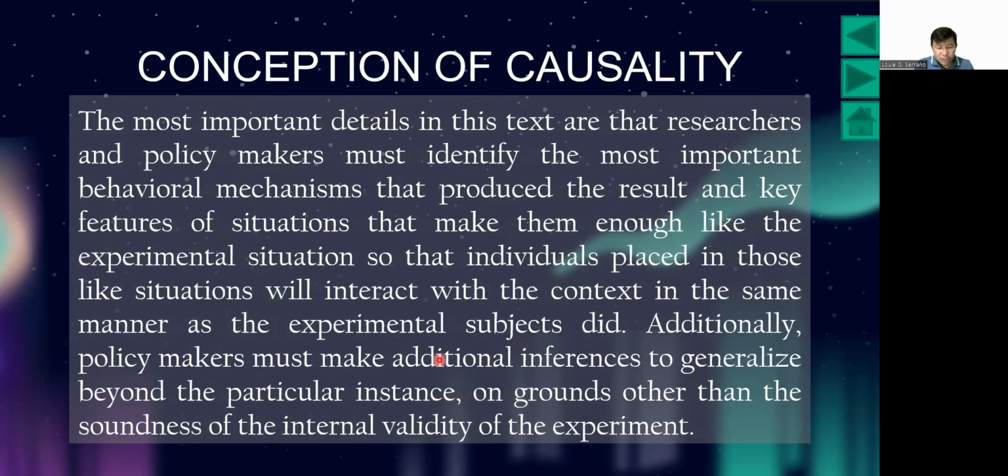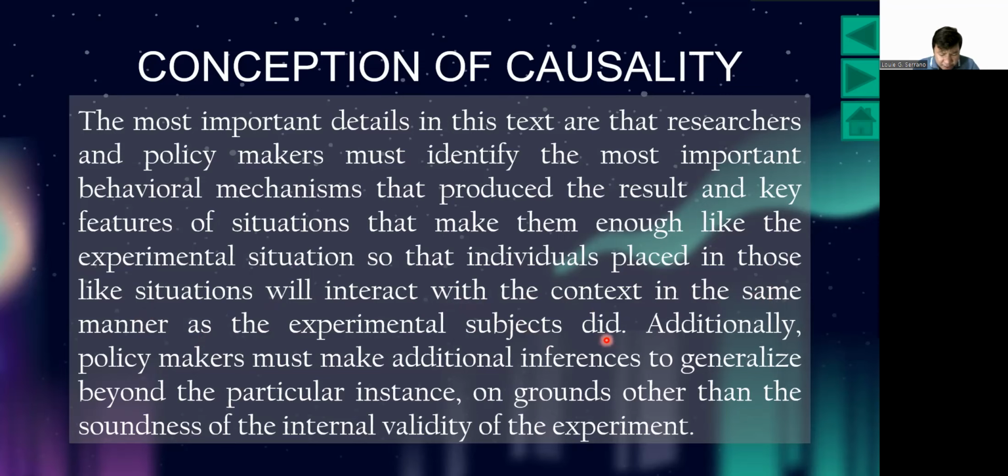So the most important details in this text are that researchers and policymakers must identify the most important behavioral mechanisms that produce the result and the features of situations that make them enough like the experimental situation, so that individuals placed in those like situations will interact with the treatment in the same manner as the experimental subjects did.